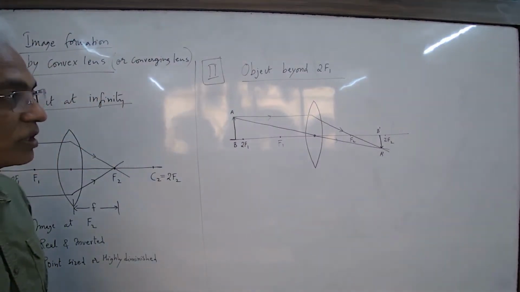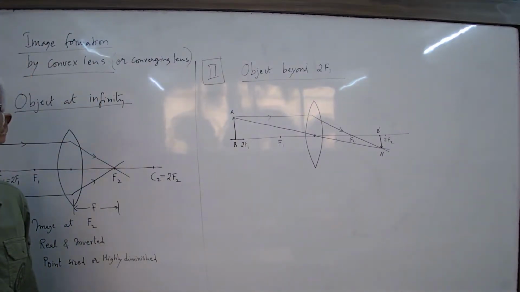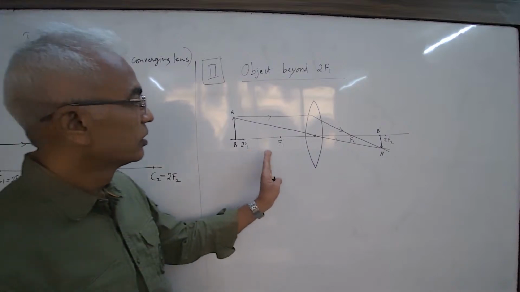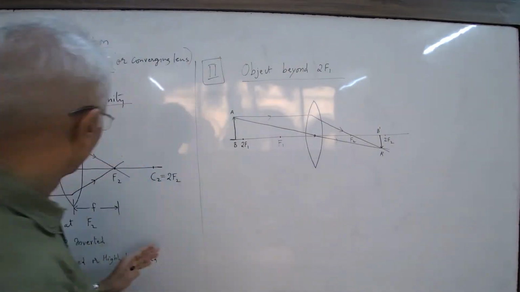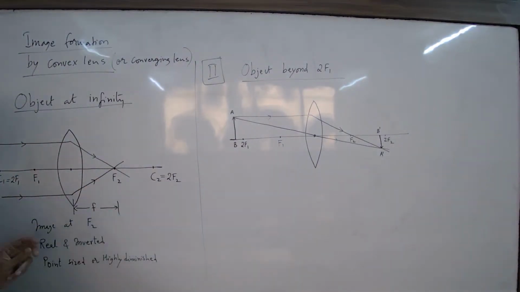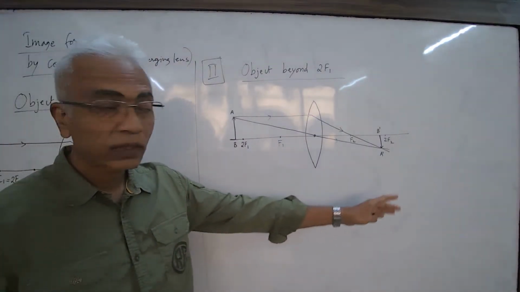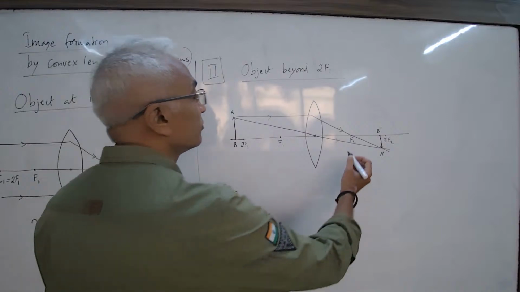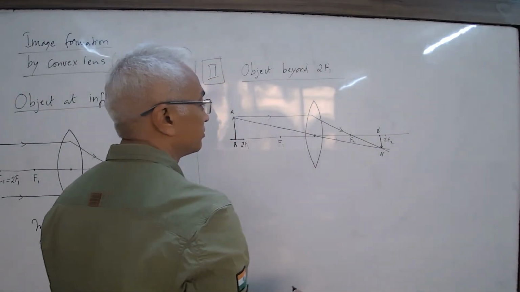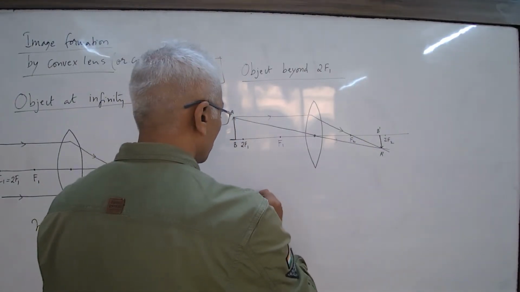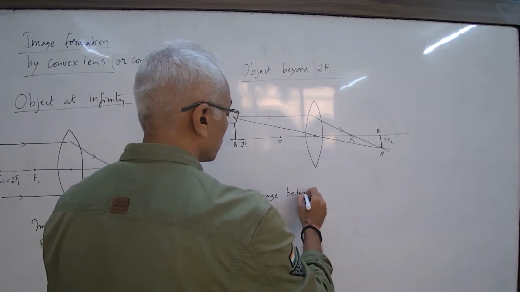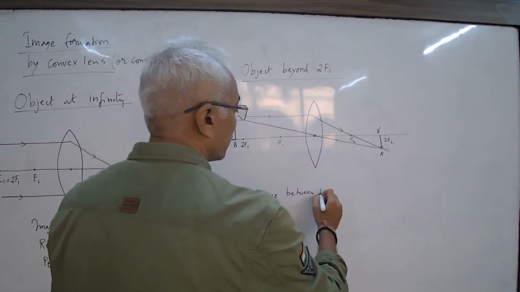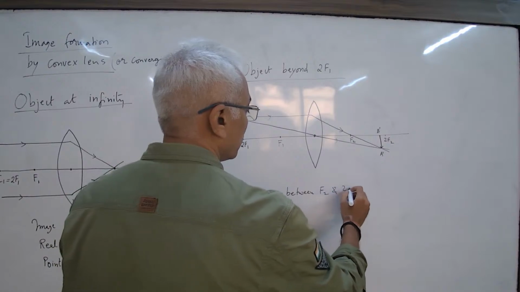So where is the image obtained? Between F2 and 2F2, right? The first image was at F2, so now the image is going away from F2, just like in the case of a mirror, it was going away from F. So image between F2 and 2F2.